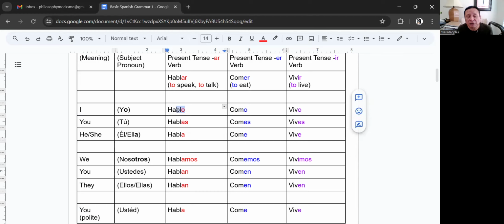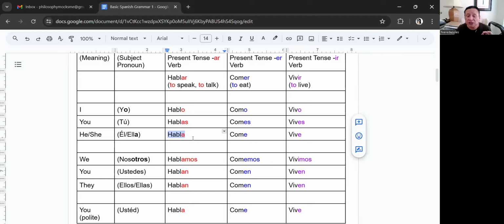If the verb is hablo, conjugated at the end with an o, well then you know it has to go with yo. So you know hablo means I speak. There's no vagueness, no ambiguity here. Hablas español must mean you speak. Again, no ambiguity. Habla, there is an ambiguity because it could be usted habla, where the subject is usted, which is you polite, or it could be él habla or ella habla.